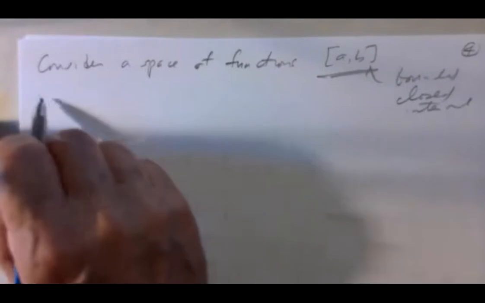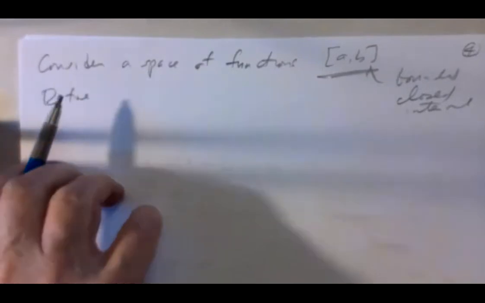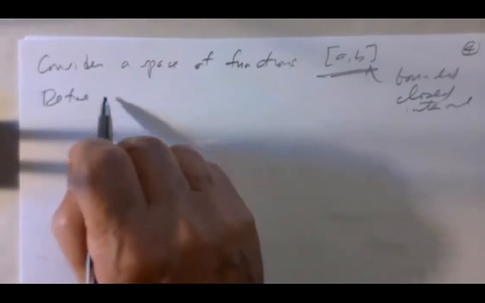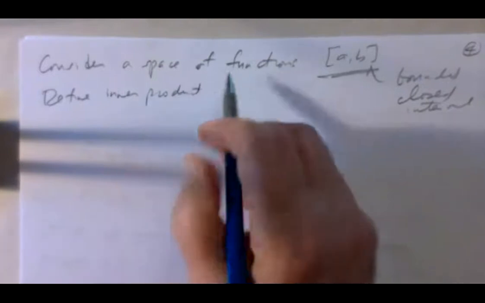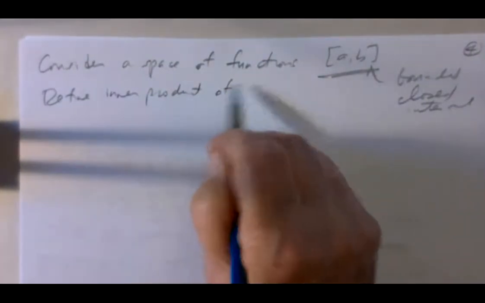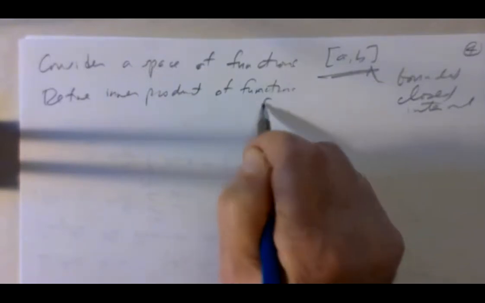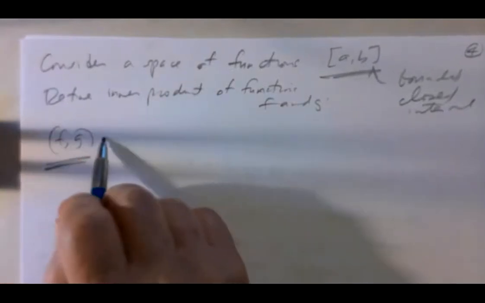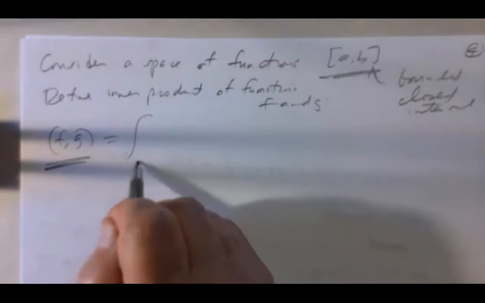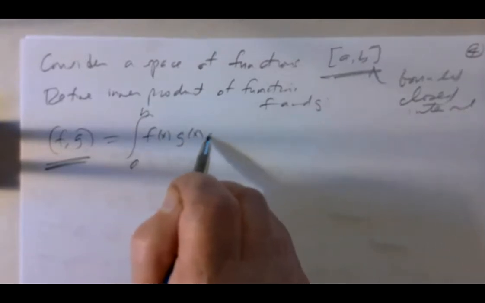And I want to define what is called an inner product of functions f and g. So f comma g, this is just the notation for the inner product. This is the integral from A to B of f of x, g of x, dx.